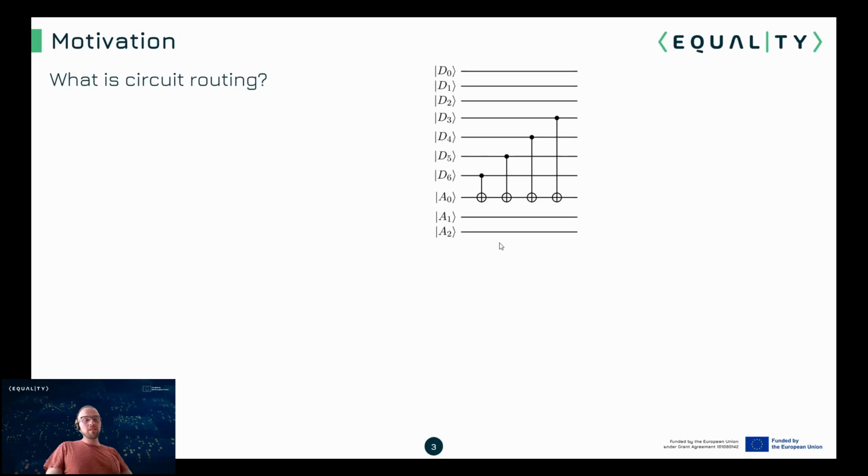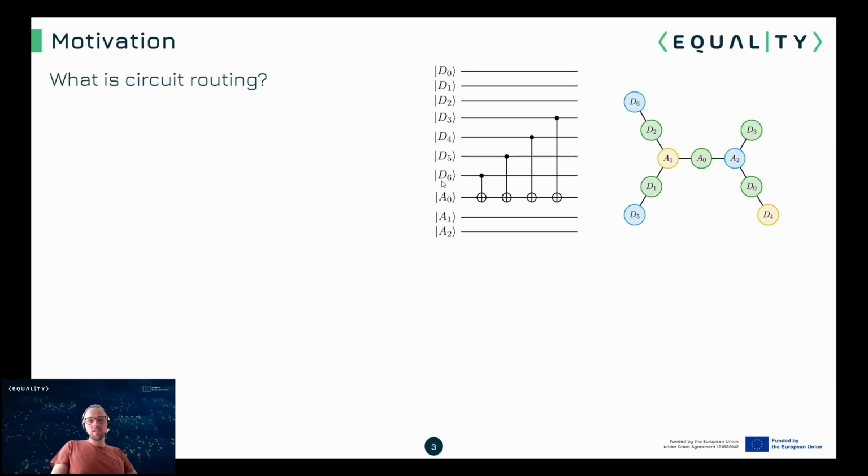This might be some arbitrary algorithm that a quantum programmer would like to execute. And if we would now like to actually execute this algorithm on quantum hardware, there are some quantum hardwares, for example superconducting qubits, which do not allow certain connections between qubits. So, for example, let's assume we have this topology of connected qubits on the quantum hardware.